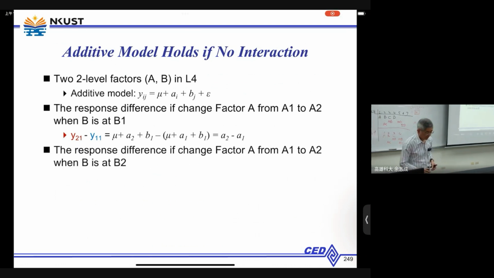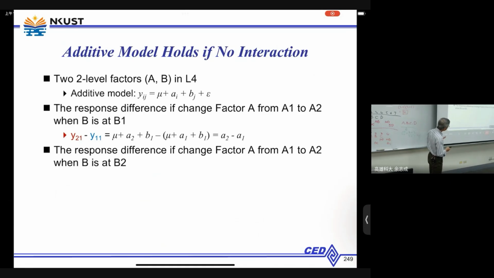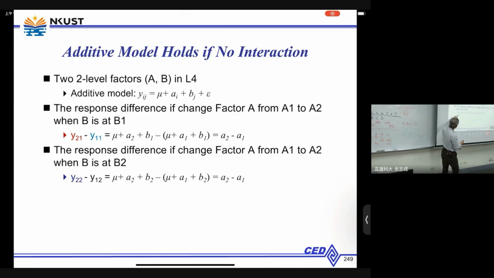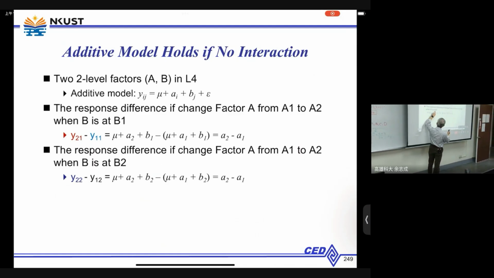And if I ask you the same question, what will be the difference when I change A1 to A2, but in this case, B is set at level 2? We can also use the model to predict. Here Y12, Y22, right? So the difference will be Y22 minus Y12.